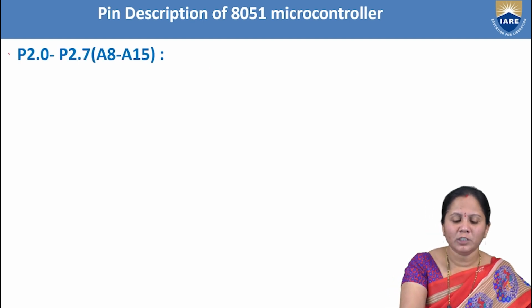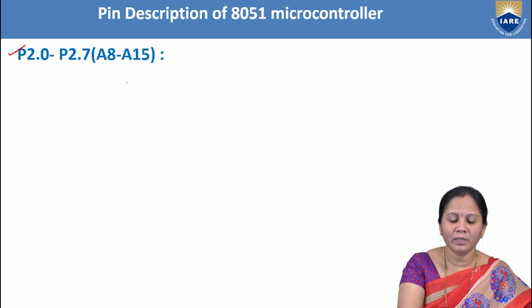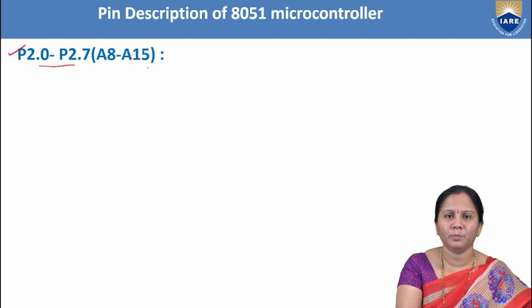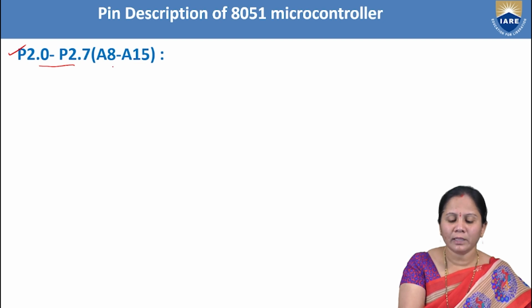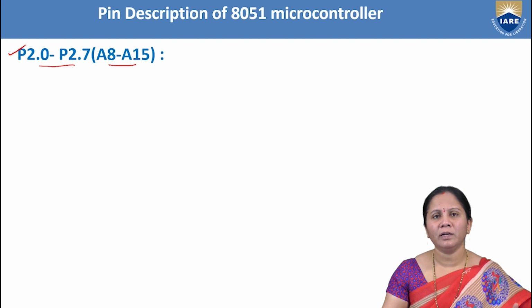And the next port is here, port 2. In one case they will be acting as port pins, IO pins. In another case they will be acting as address lines, A8 to A15, because here data is only 8-bit, address is 16-bit. So data and address will be multiplexed only to 8 bits.